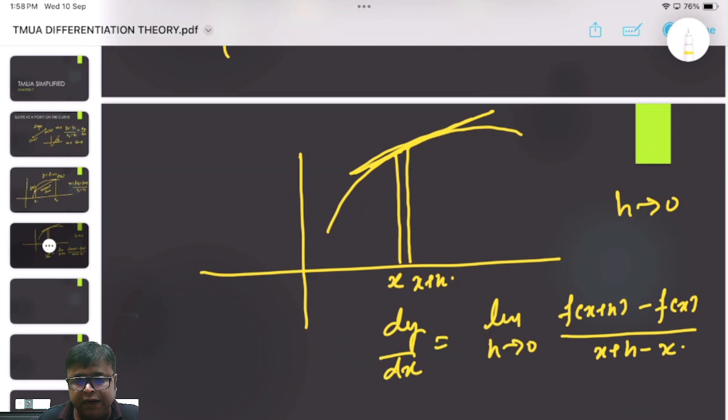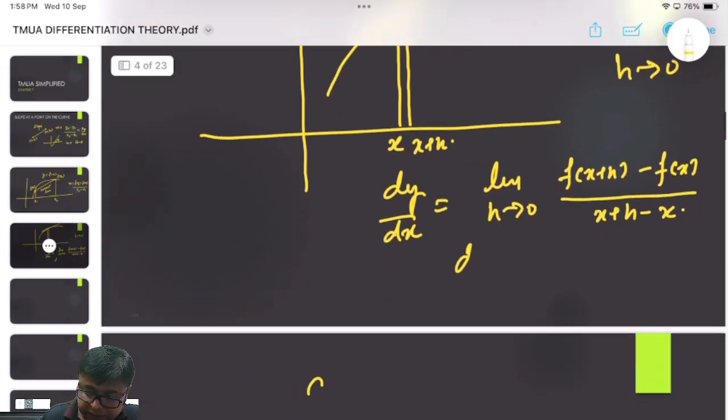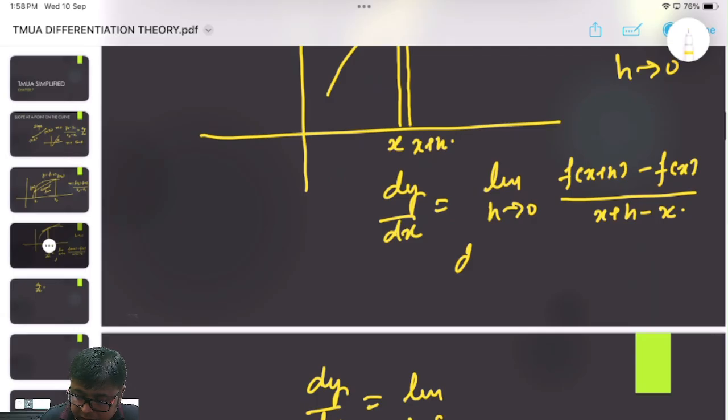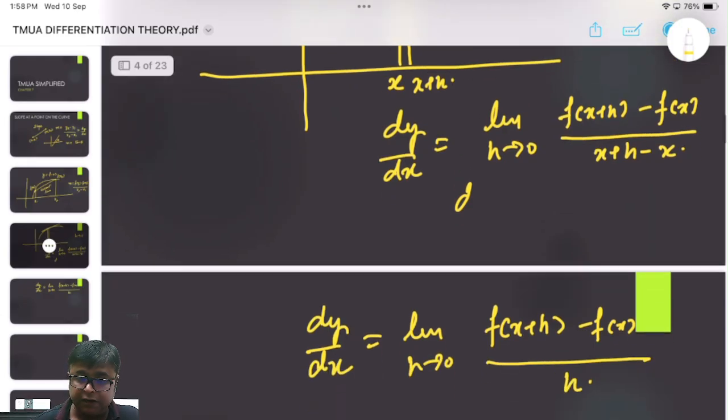Again, the same delta y by delta x, the change in y with respect to x only. So that is what derivative means, or this is the process of differentiation. So now I can write it as dy by dx is limit h tending to 0 of f of x plus h minus f of x upon h.